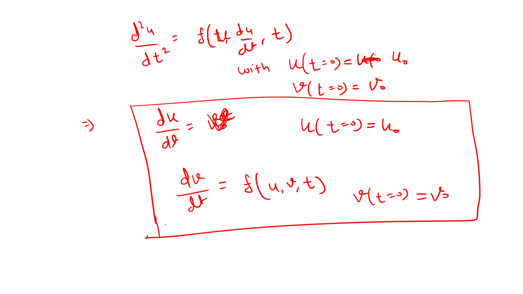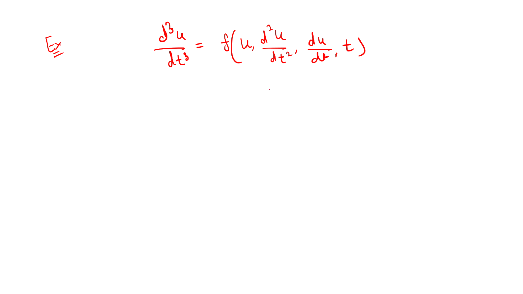Suppose the order is 3, then we will get 3 equations. Now depending upon this f, it could be linear or non-linear, so we will follow the procedure which was discussed in the system of ODEs. Let me give you this example.